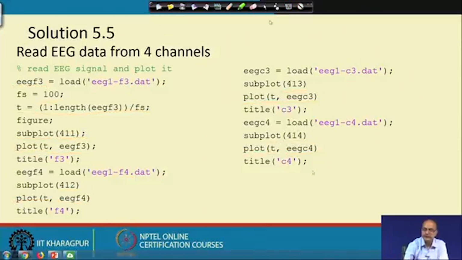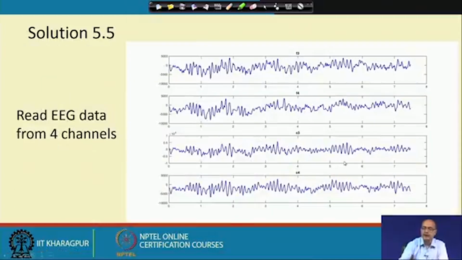So, let us see how these 4 EEG signals look. Here are the signals, one below the other, starting with F3, then F4, then C3 and C4. All the signals seem to be a bit correlated, they have similarity with each other.